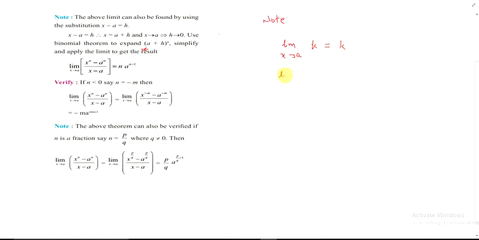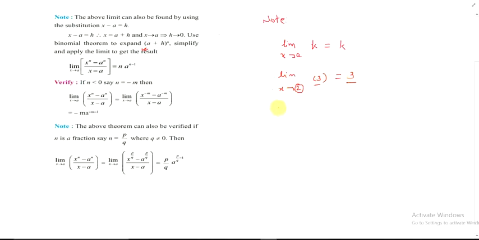For example, the limit as x extends to 2 of 3 is equal to 3 only, because this is a constant value and hence this limit does not affect it. Whatever it is here, our answer remains 3 only. If we have the limit extends to a, to 1, or to 5, our answer remains the same, that is 3 only.